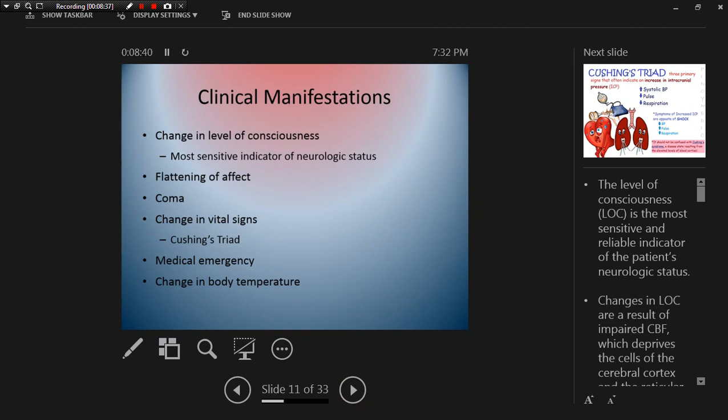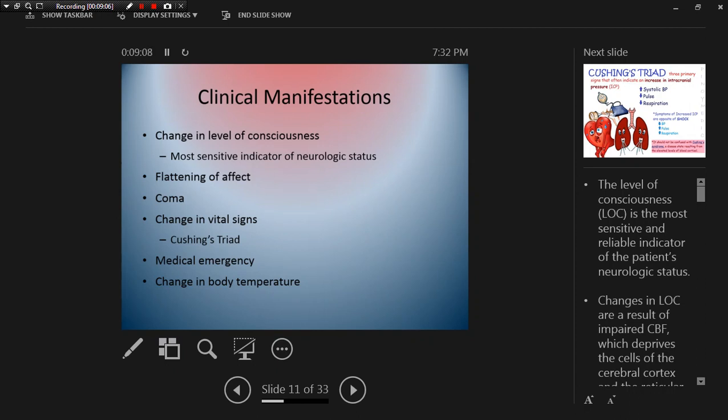So clinical manifestations with rising ICP, a lot of this is going to overlap with the head trauma and the stroke. Change in level of consciousness is the most sensitive indicator of neurostatus, declining neurostatus, and rising ICP. So changes in that Glasgow Coma Scale, flattening of affect, coma obviously at the end of the spectrum with altered level of consciousness.